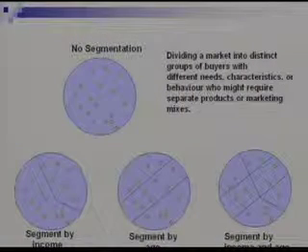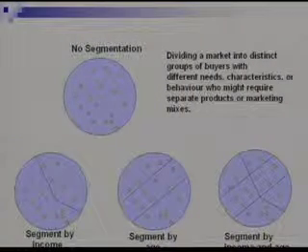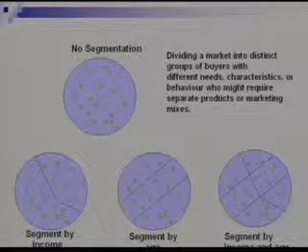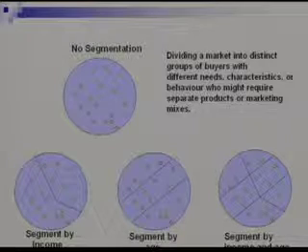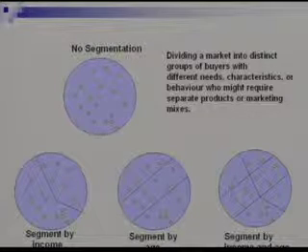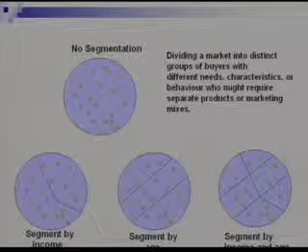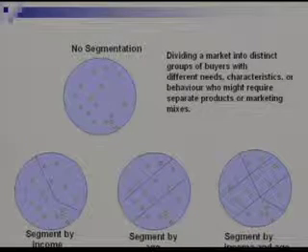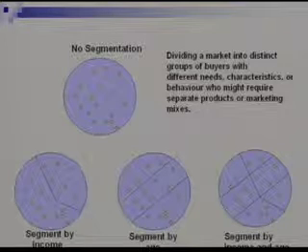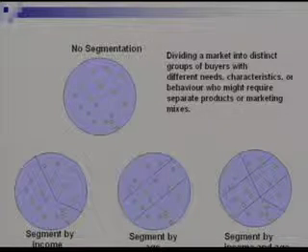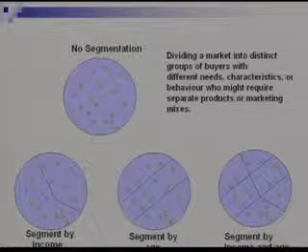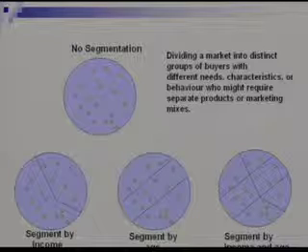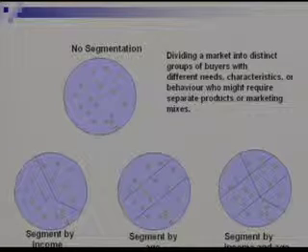So let's think of segmentation as a pie, and we're going to divide up the pie. The diagram I have here uses some yellow dots to represent consumers, and it's a pretty simplistic way of looking at things, but it works. And so we're going to divide this market up based on various needs. One way we might do that is by looking at, for example, income. On the diagram on the lower left, we've divided the market into high income and low income. But we could also divide the market up based on age.